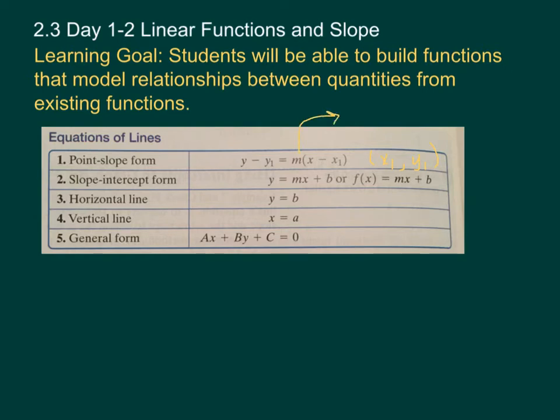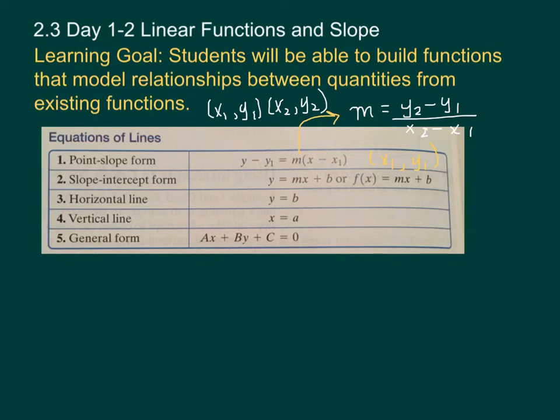And for those that don't remember, to find slope, you do m equals the change in y, y2 minus y1, over the change in x, x2 minus x1. So if they give you 2 points, then you can use those 2 points to help you find the slope.